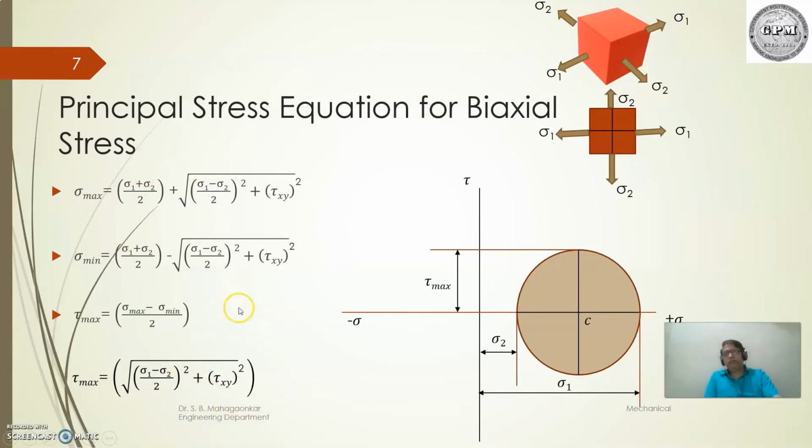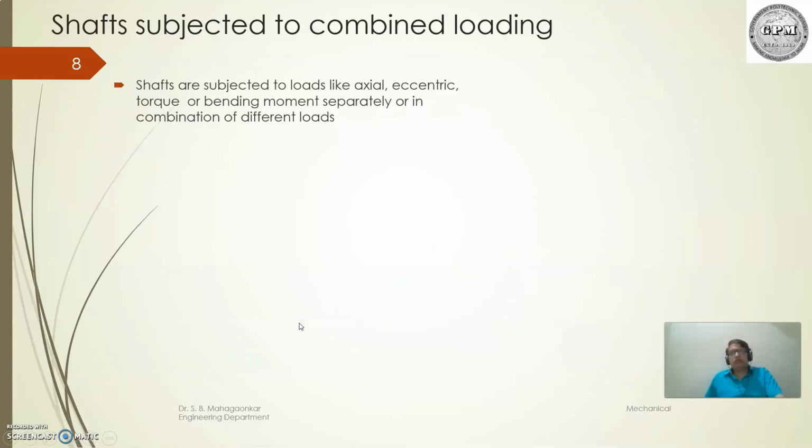This is with the biaxial case. Generally, at the diploma level, if you are going for only principal stress equations, in that case you just put sigma 2 as 0 and you get the principal stress. Sigma maximum and sigma minimum is equal to sigma 1 upon 2 plus or minus under root of (sigma 1 upon 2) square plus tau xy square.